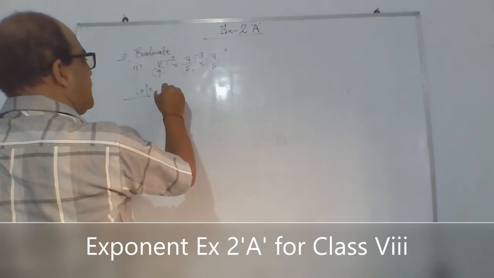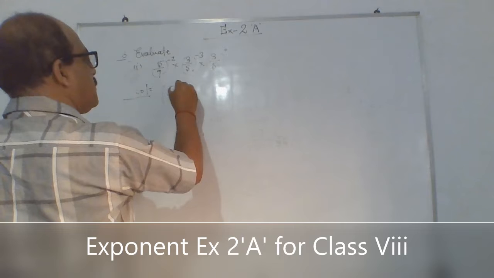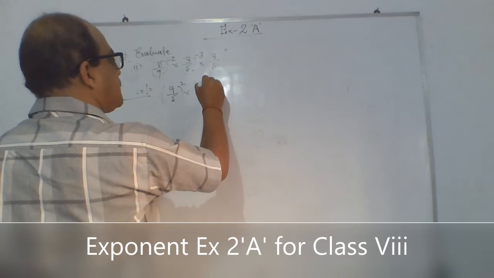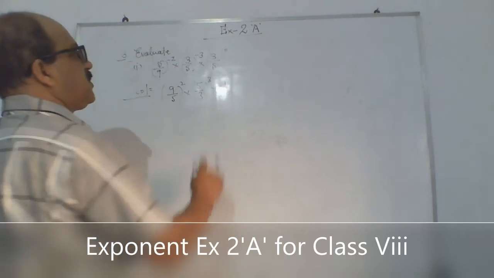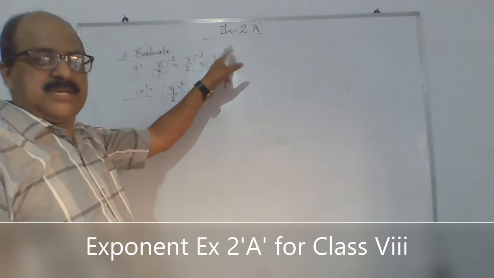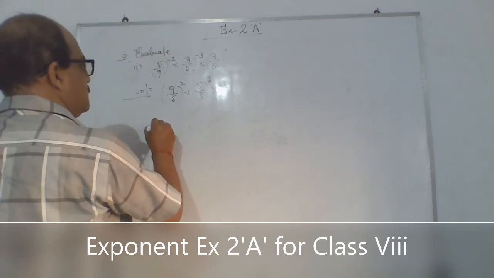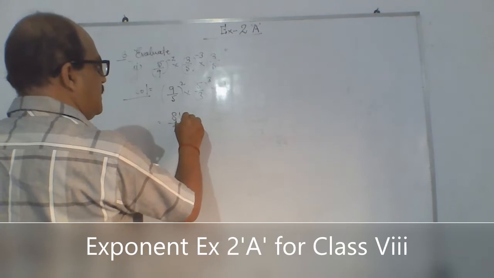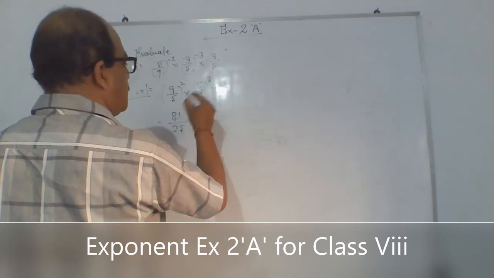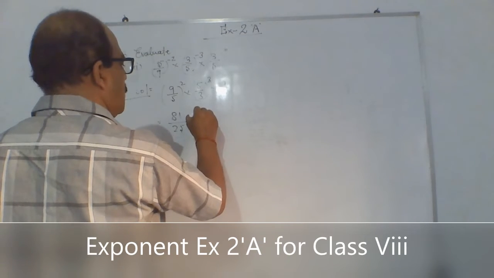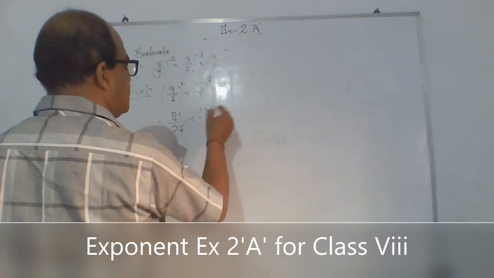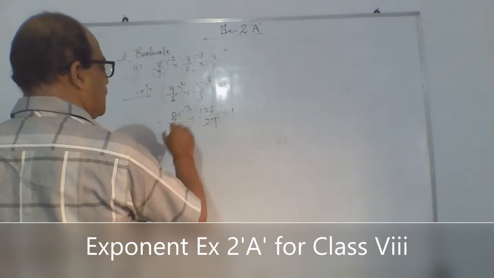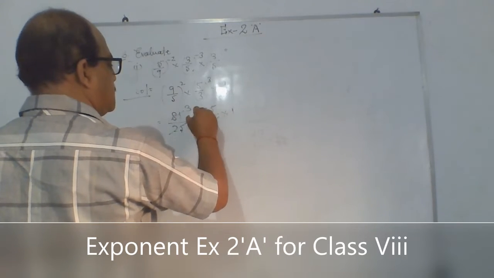So we may write 9 by 5 to the power 2 into 5 by 3 to the power 3 into 1, because as we know, 3 by 5 to the power 0 means 1. 9 9s are 81 and 5 5s are 25, into 5 5s are 25 and 25 5s are 125, and 3 here, 27 into 1, 27 3s are 81, and 25 5s are 125.